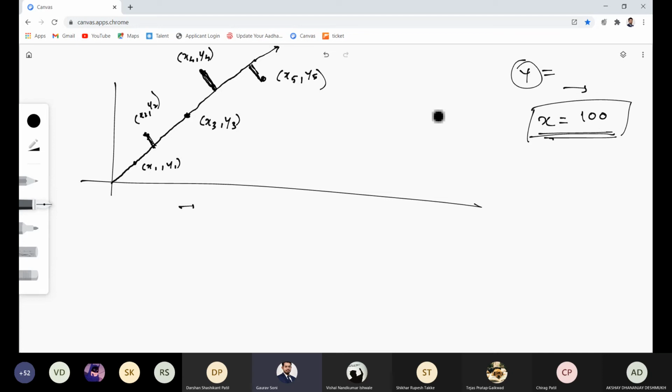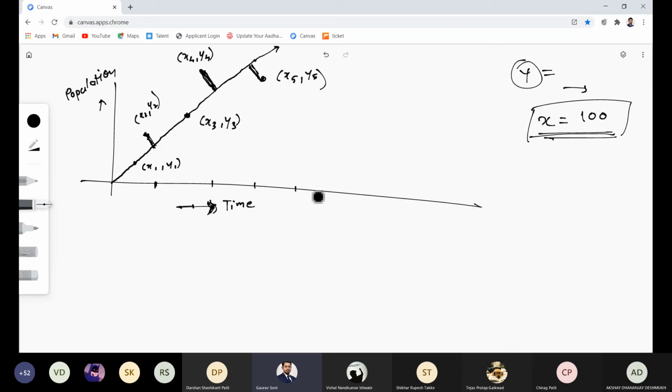Suppose this is the time and this is the population. So I have this data: in 2010 it was this, in 1996 it was this, and so on.